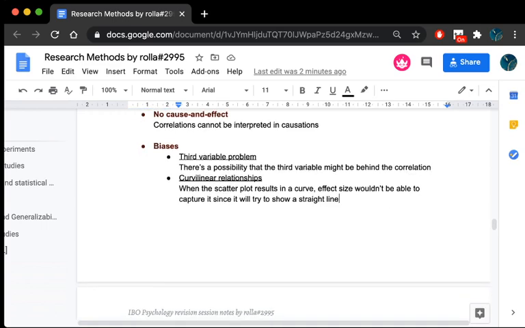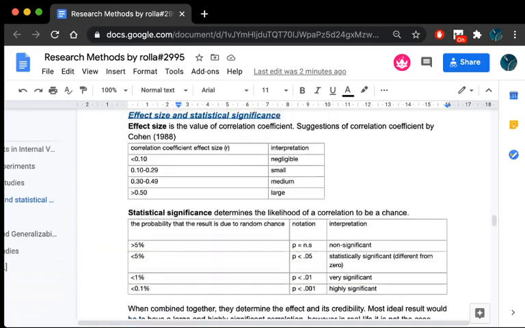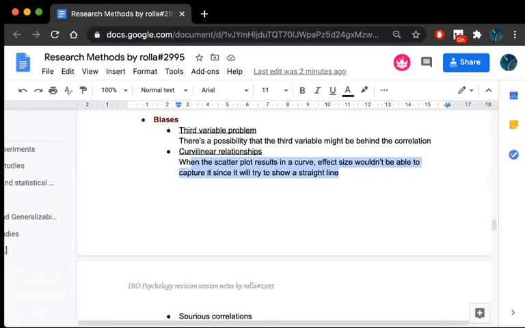So basically, if the scatter plot results in a curve, you know how curves are usually natural occurrences. Let's just say when you're trying to measure the grades of students in an IB class, the results of their grades would be like a grading curve.